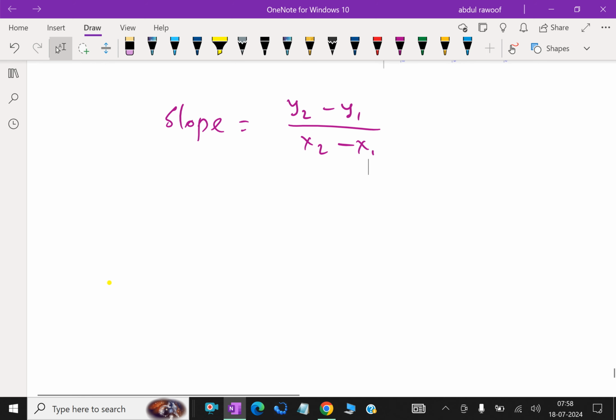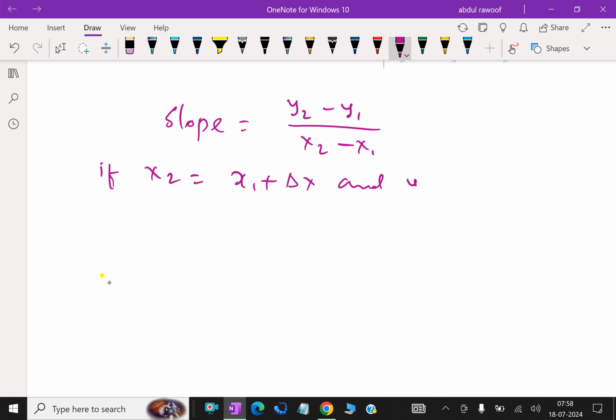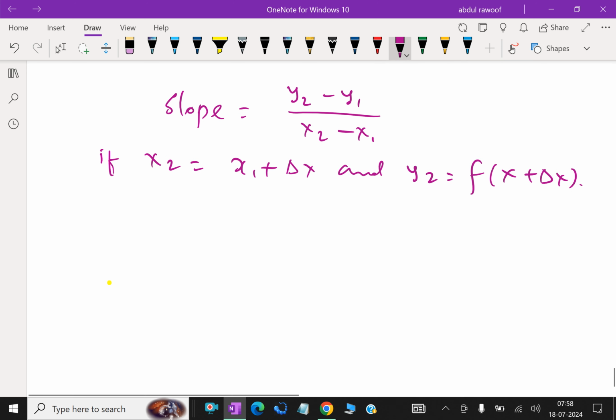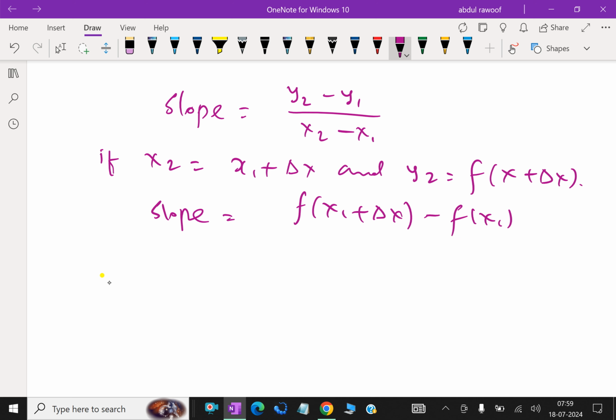Now suppose x2 equals x1 plus change in x, and y2 is the function f of x plus delta x. Then slope can be written as f of x1 plus delta x minus f of x1 over delta x. Change in function over change in x.